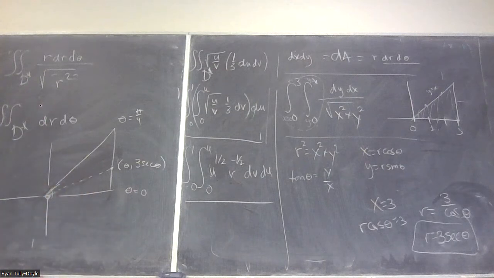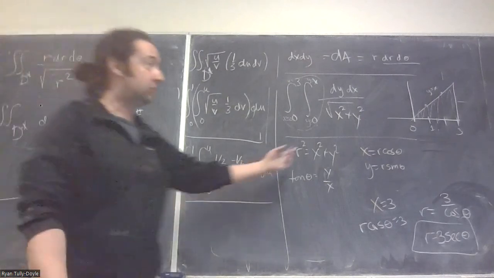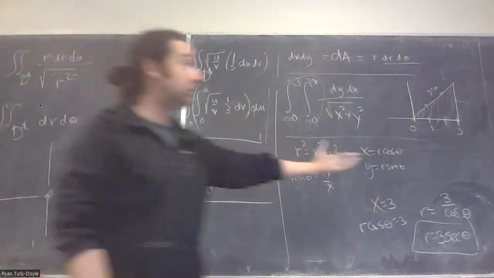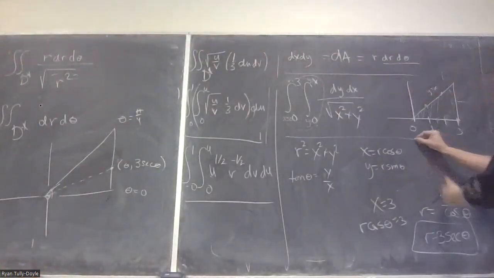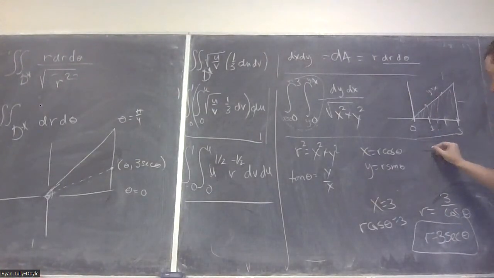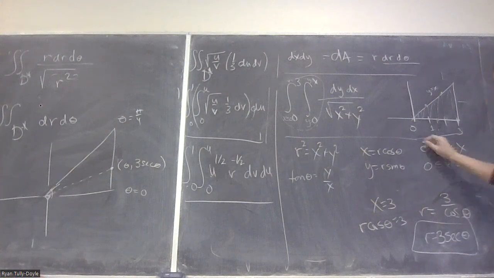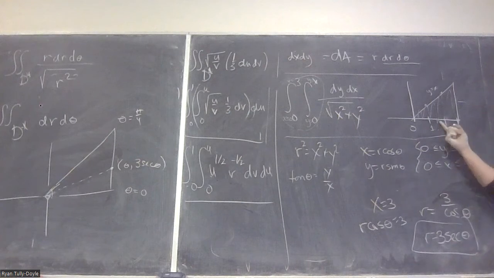So the hardest part of a polar question for most people is not in the substitutions, which are usually obvious, but in taking a domain in Cartesian coordinates. The Cartesian description of this is y is stuck between 0 and x, and x runs between 0 and 3. That's the Cartesian description of that region.